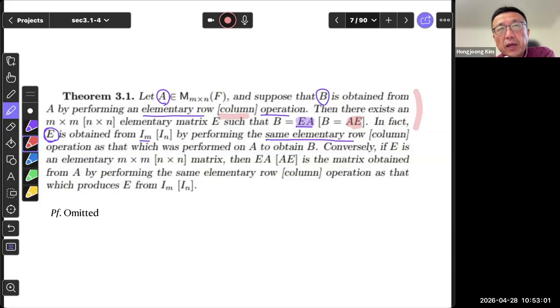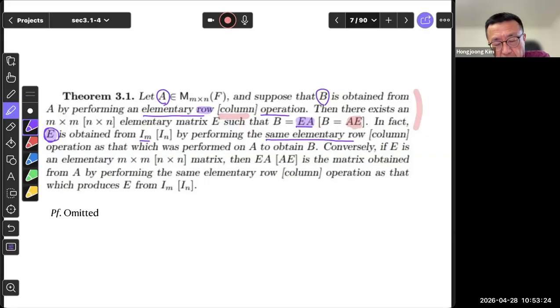Okay. So given A, you obtain B by performing some elementary row operation. Then you perform the same elementary row operation on the identity matrix to get E matrix.